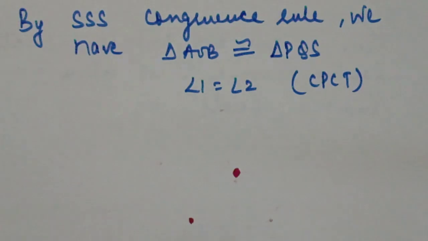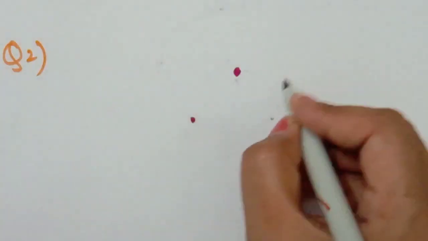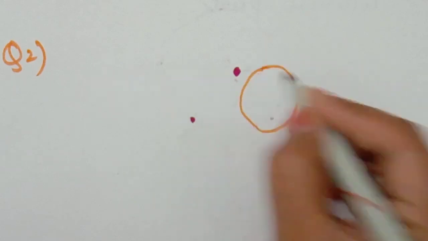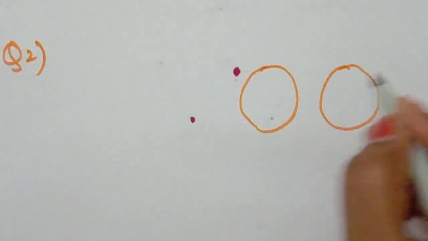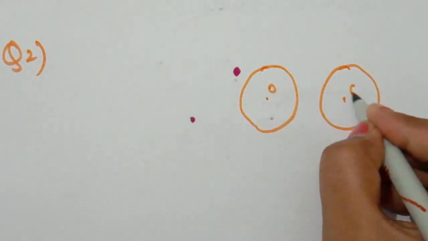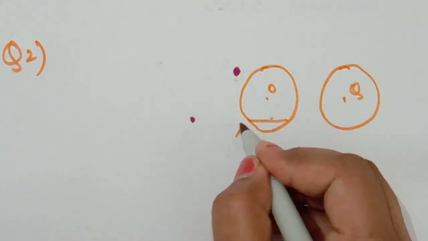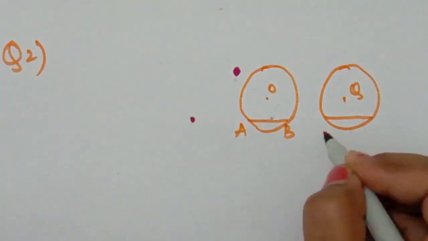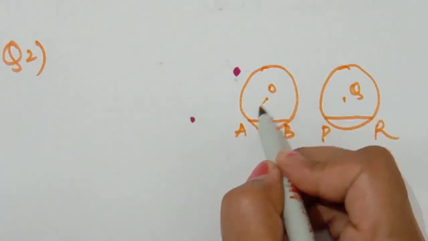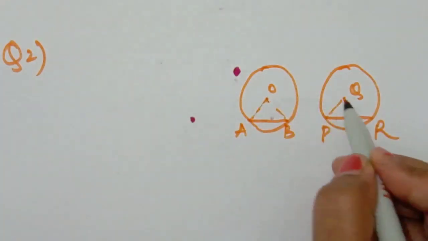Now the question number second. Prove that if chords of congruent circles subtend equal angles at the center, then the chords are equal. Now again they are talking about two congruent circles with centers O and Q, and we have two chords AB and PR. This is the radius.